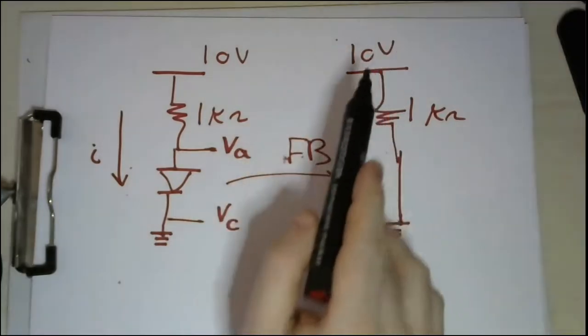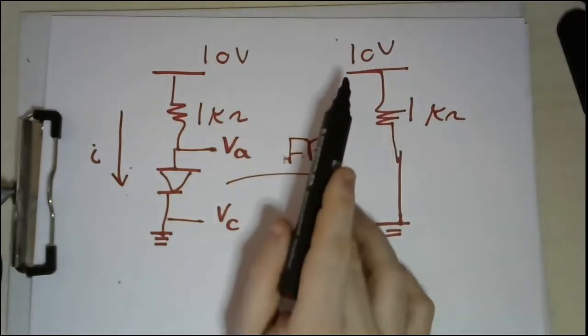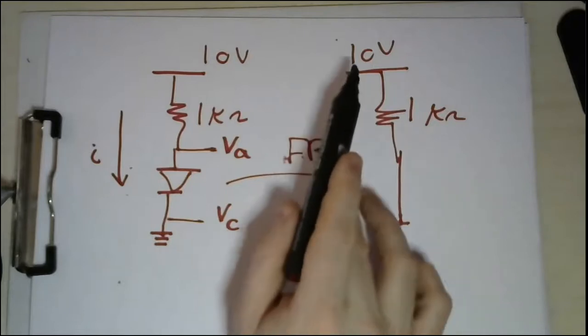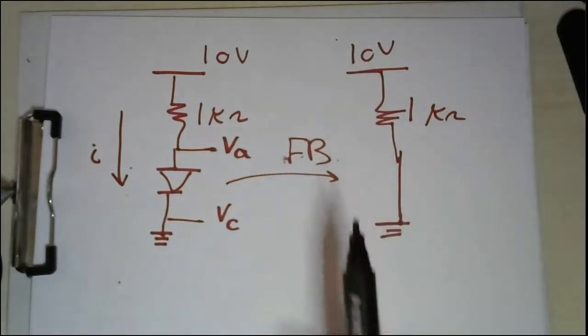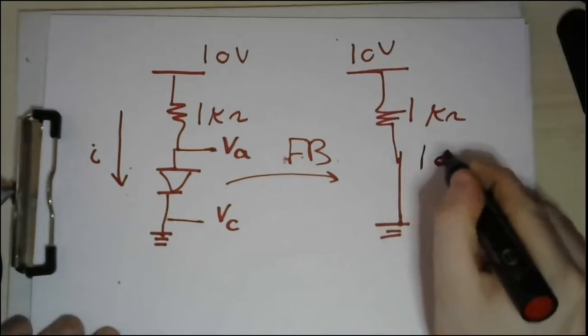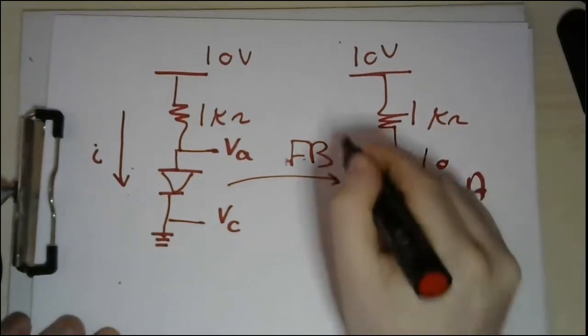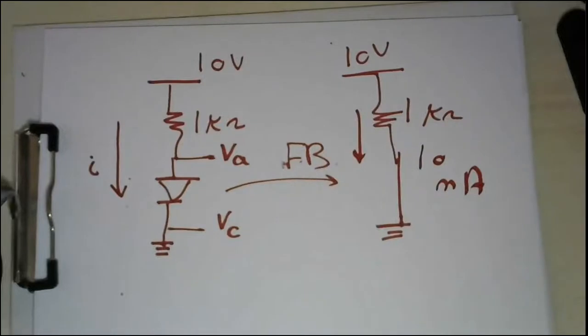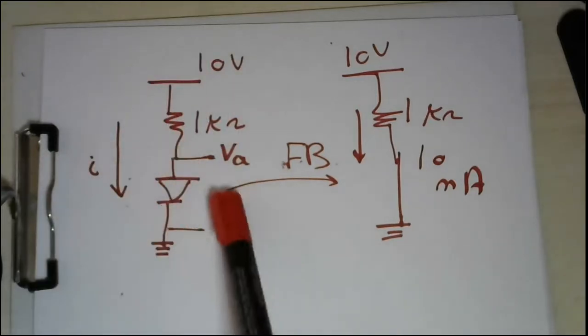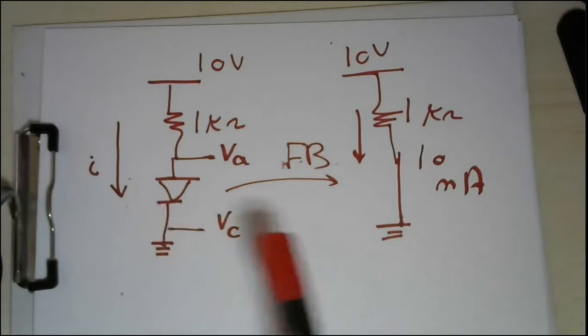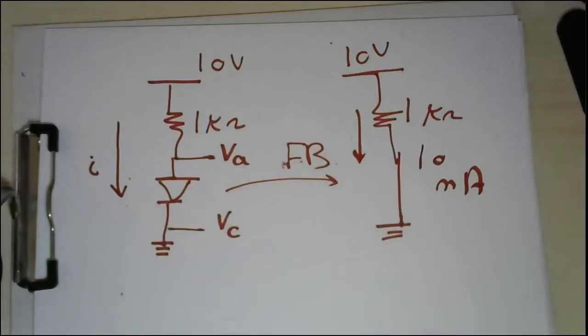The current is voltage over resistance, so it's 10 volts over 1 kilo ohm, and the output would be 10 milliamperes, the current flowing in this resistance. So it's very easy. We just check the direction of the current based on the voltage, then we decide that this is forward bias, we replace this diode with a short circuit, and that's all.